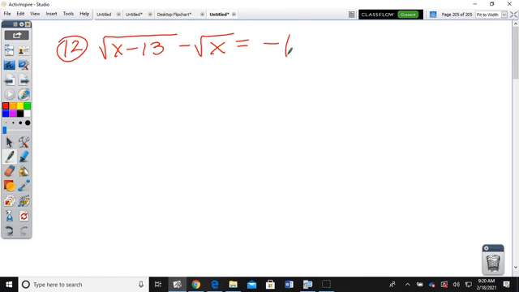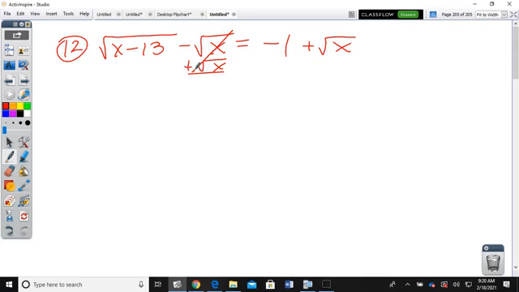Now, what can we do to make this problem a little easier? Move the square root of x over, okay? It's still going to be kind of a pain, but it does make it a little easier.